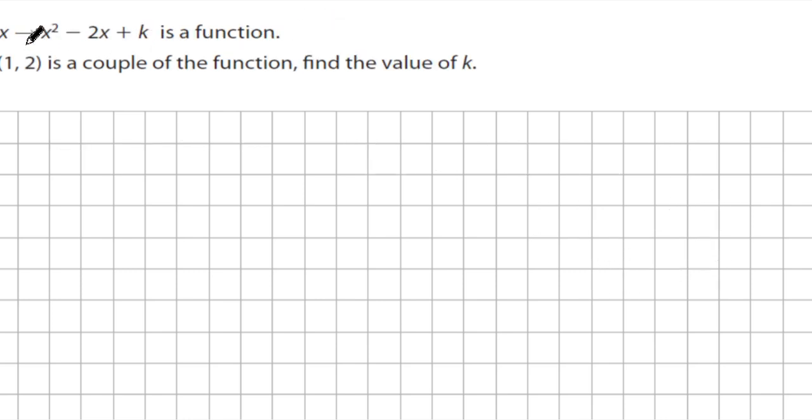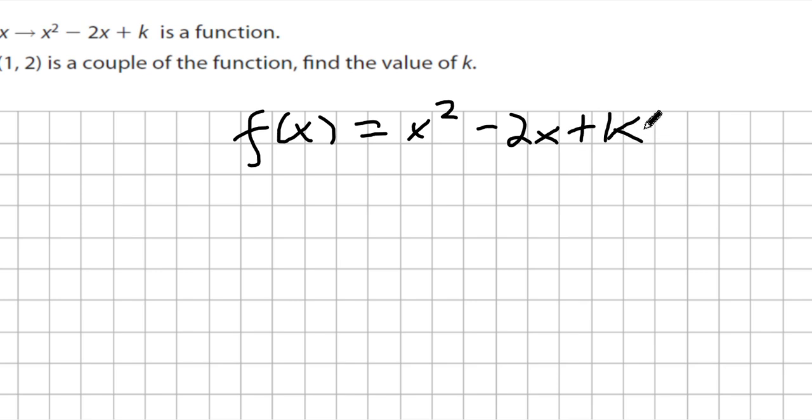So, okay. f of x is a function x squared minus 2x plus k. The function 1, 2, what does that mean? Input equals 1, output equals 2. So replace x with the number 1.